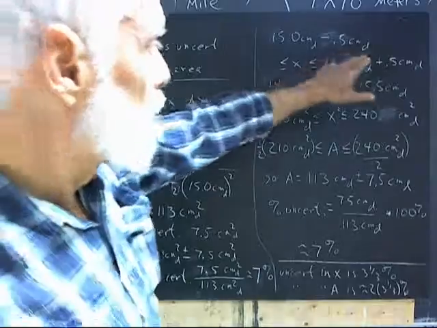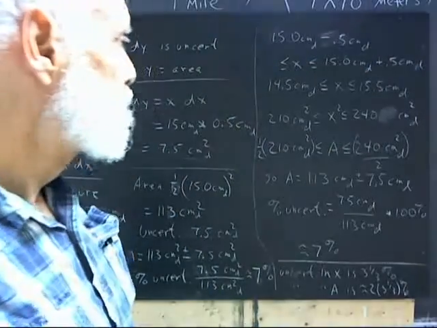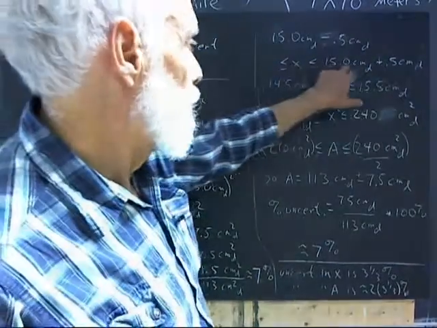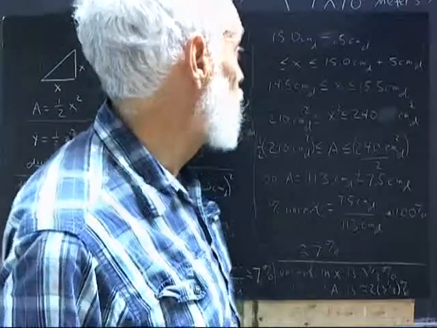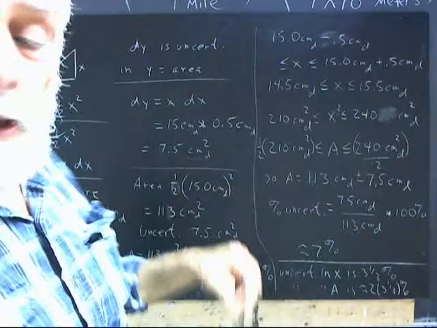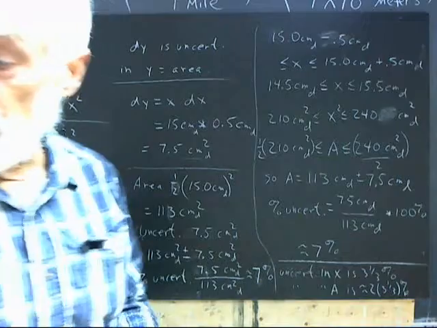Okay, 15 cm minus 0.5 cm is less than or equal to x, less than or equal to 15 cm plus 0.5 cm. What does this express?